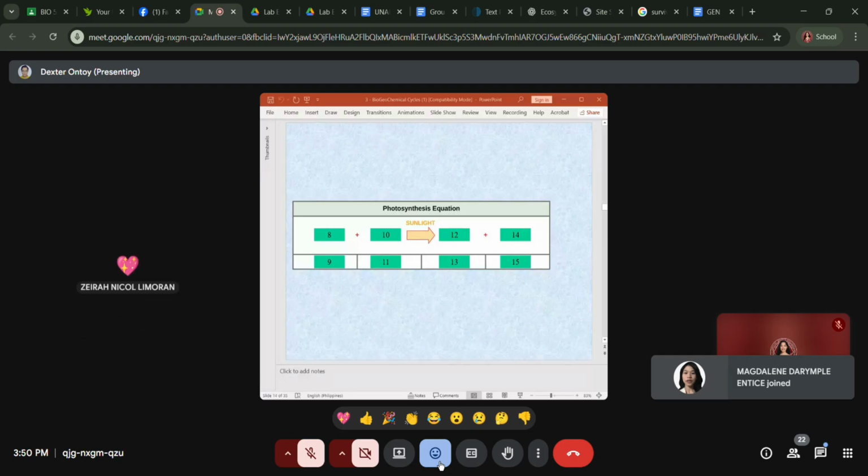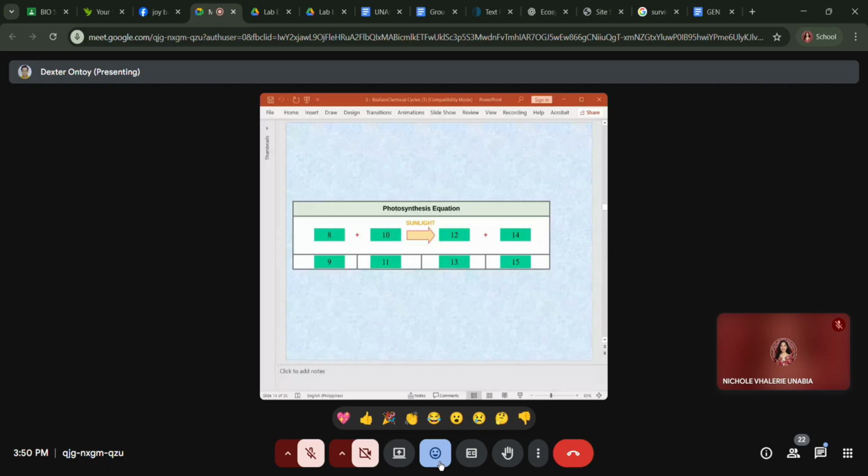So number nine, what is the chemical composition of the carbon dioxide, and how many moles are used? Number nine, Miss Durai Erika May. Good afternoon, sir. So the chemical composition, sir, is CO2, with a subscript 2 for the oxygen, and there are 6 moles of carbon dioxide, sir.